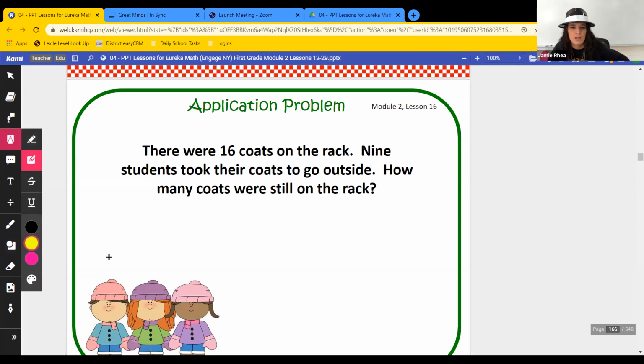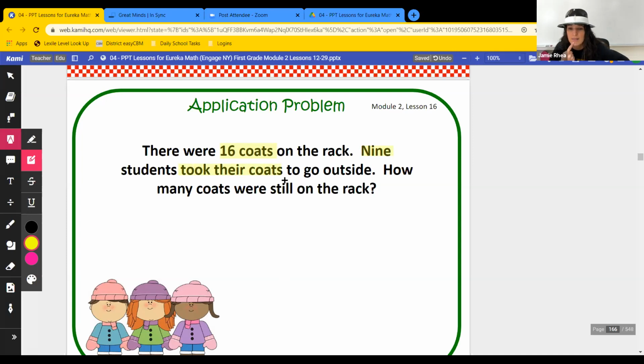Are you ready? There were 16 coats on the rack. Yeah, 16 coats is my clue. 9 students took their coats to go outside. 9 students, I'm going to highlight 9 because there's a clue, and I'm going to highlight took their coats because that tells me what?